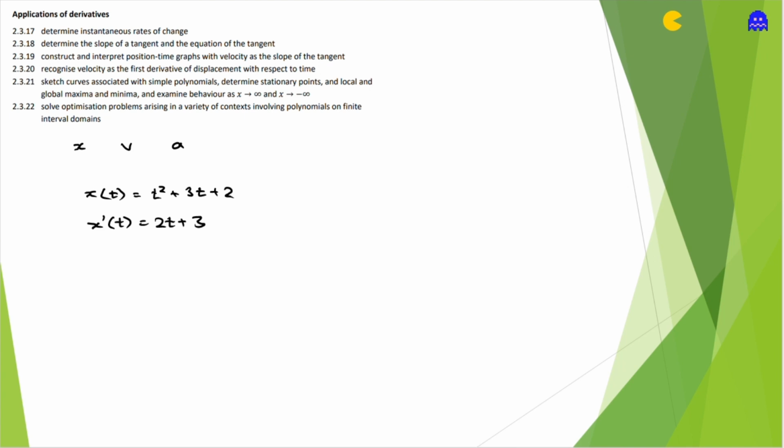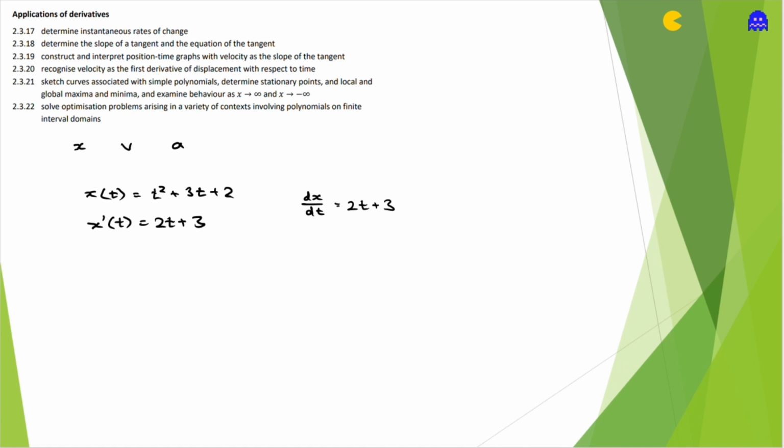Okay? And so if I consider this, this is my derivative of displacement, and more specifically, my derivative of displacement with respect to time. That is, what I'm doing here is I'm taking dx with respect to time, d/dt of x with respect to time, and I'm differentiating t squared plus 3t plus 2 to get 2t plus 3.